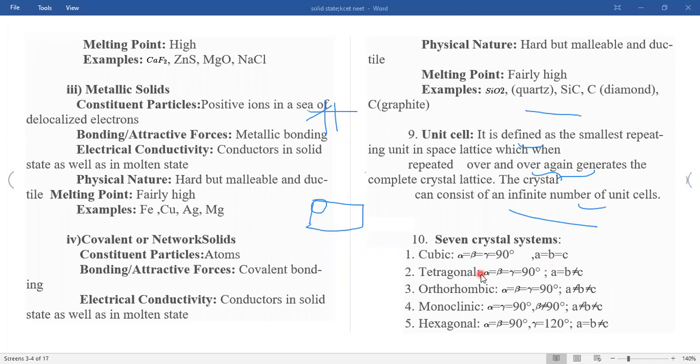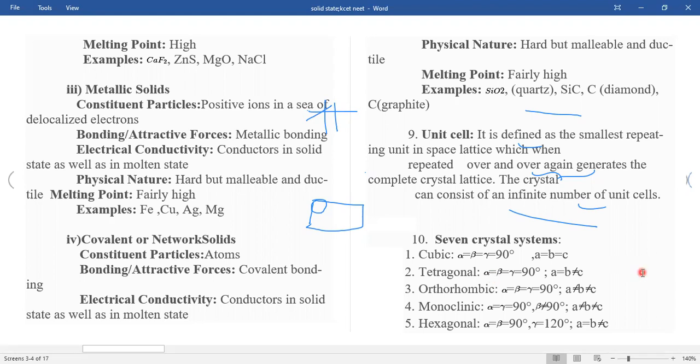They will ask you questions based on this. They will give this arrangement and 4 options, out of which you have to identify the type of crystal system from the given parameters. For this also I have given a video. You can go through that one. I'll give a link in the description box.